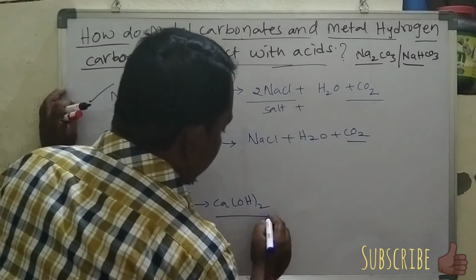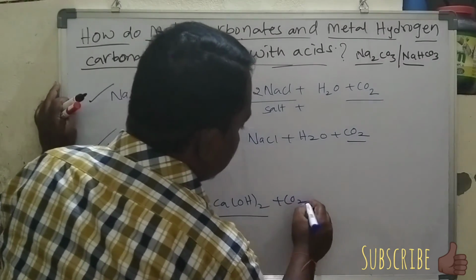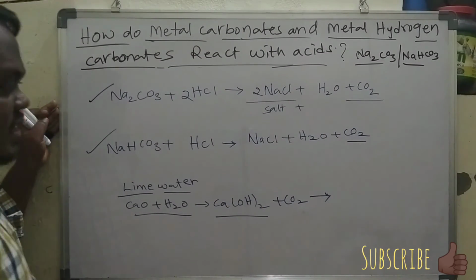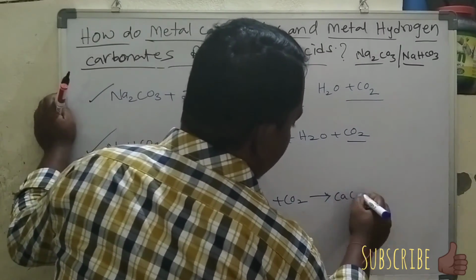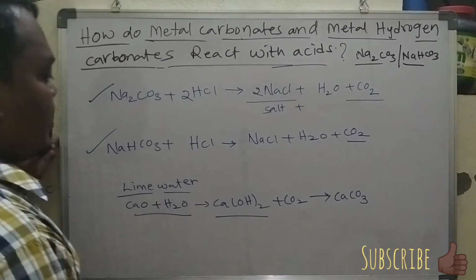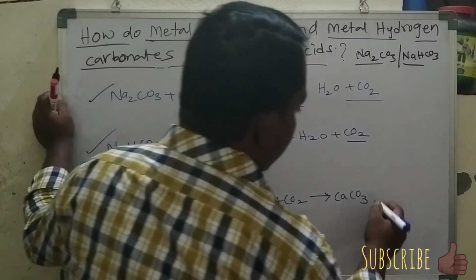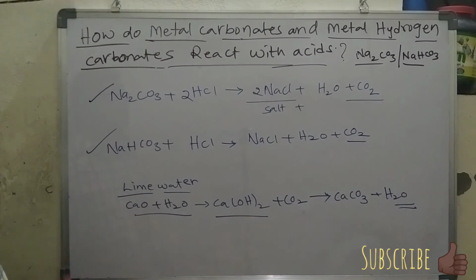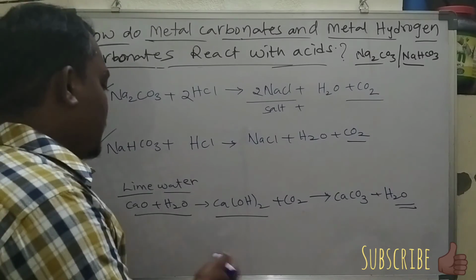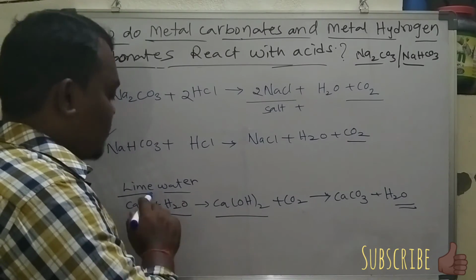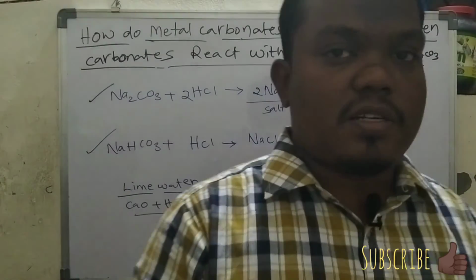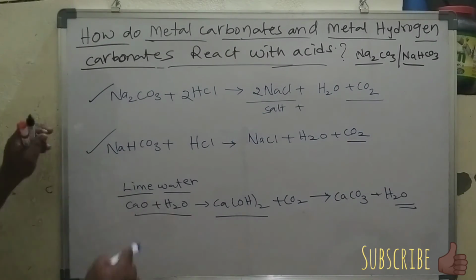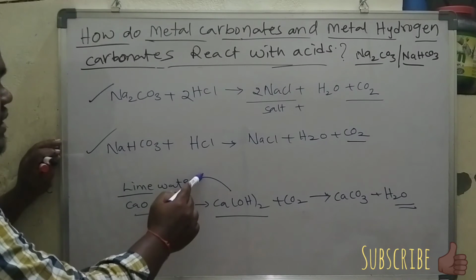So when calcium hydroxide reacts with carbon dioxide, it gives us calcium carbonate, CaCO3, along with a water molecule. In the previous I told only CaO, but the reaction also takes place, no problem. So calcium hydroxide is called lime water, we can say that, right?